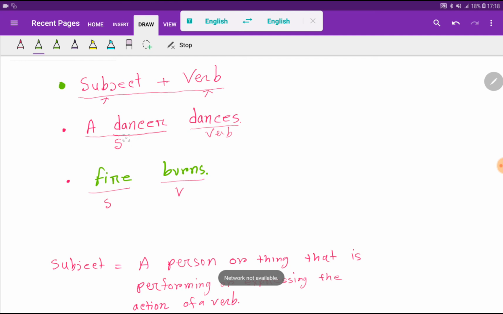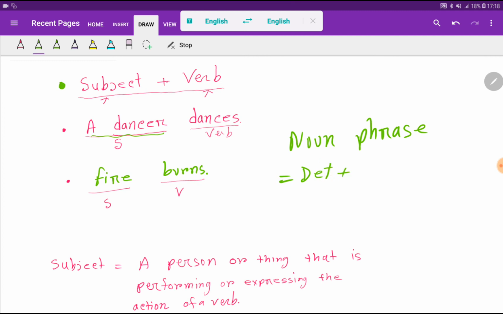Look, a dancer is a noun phrase. The structure of a noun phrase is determiner. You know that an article is one type of determiner.